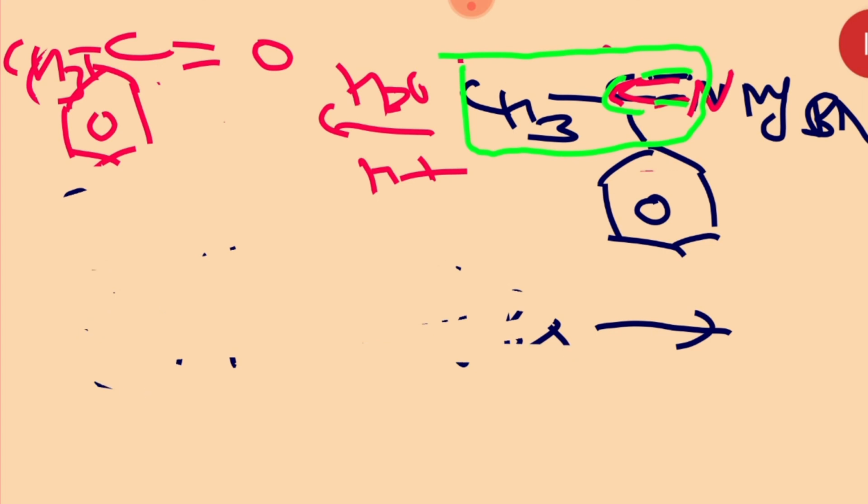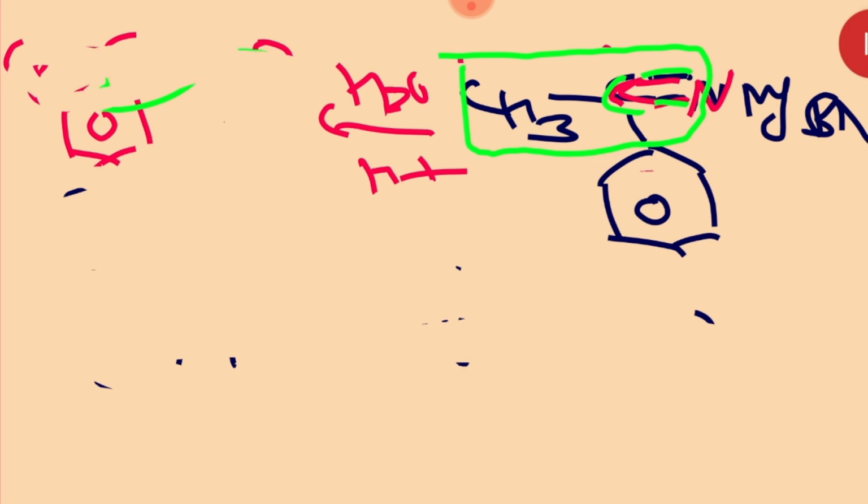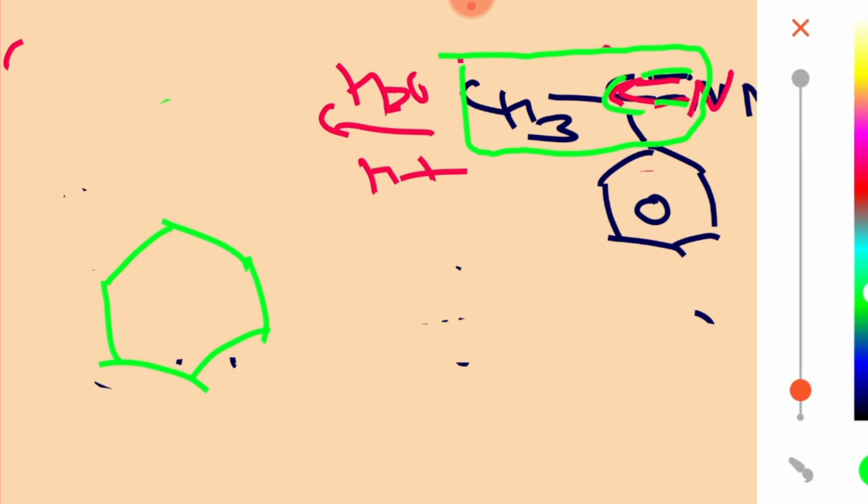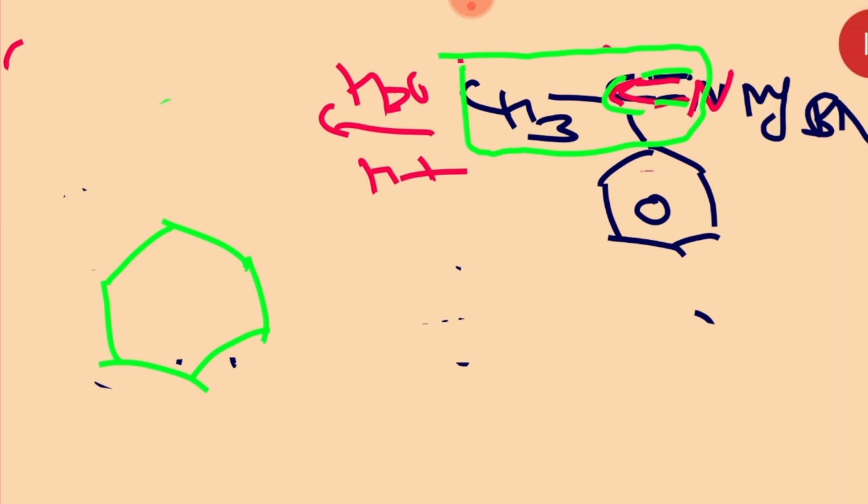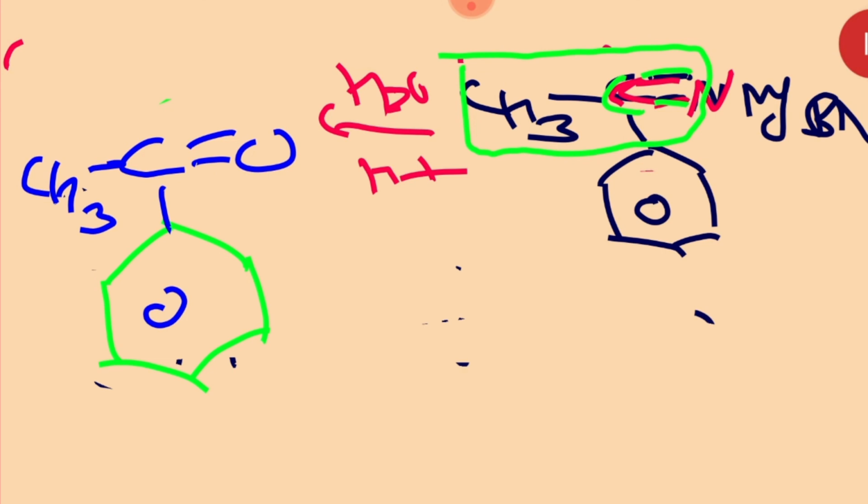Yes, you must see, all of you. I am writing this product once again. What have we made over there? We have simply made a benzene ring, then CH3 C double bond O, by the hydrogen, and what is left there?